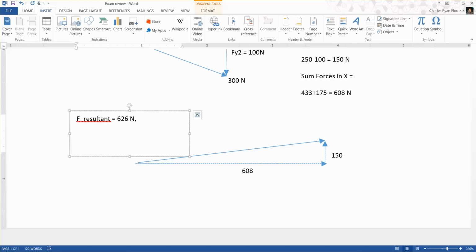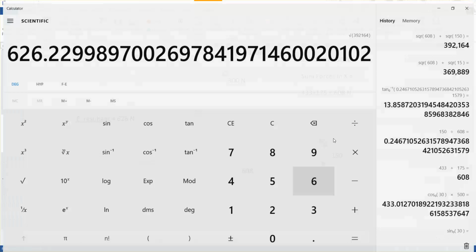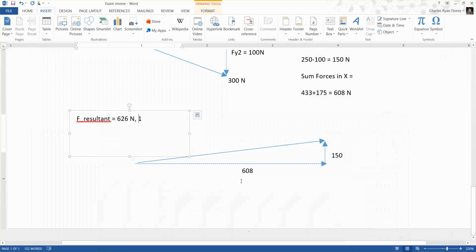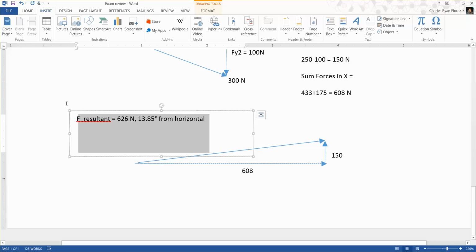And it is located at, what did we say, 13.85 degrees from, I don't know, positive x horizontal, or maybe you could say just from horizontal, because when we're talking about something like this, we always assume that we're traveling in the counterclockwise direction unless otherwise noted.